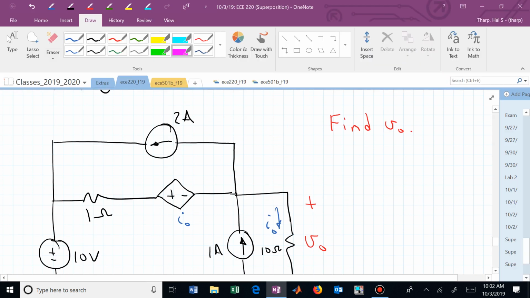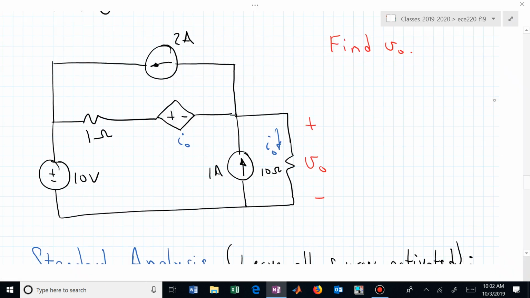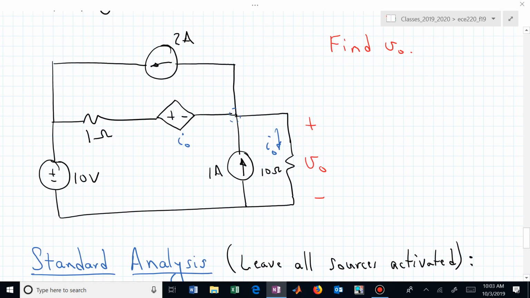But what if we looked at that node A? Here's another node. But if we've chosen this as our reference node, we know what that node is. We know that node voltage.